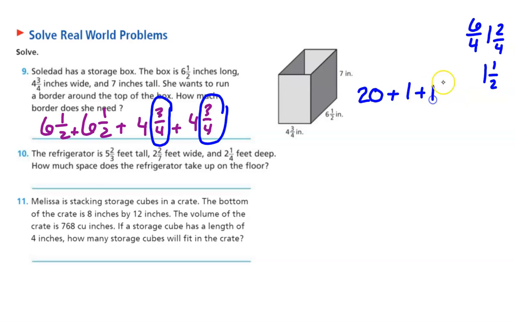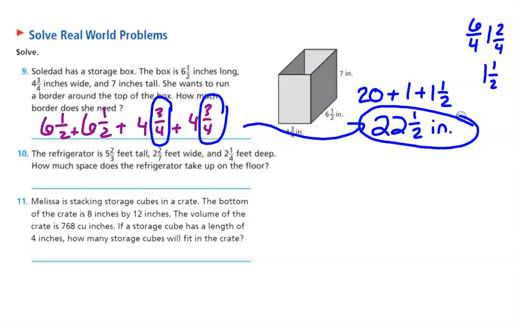So that's the last thing that I'm going to add to this problem. Whew, that's a lot. So basically now I'm going to add 20 plus 1 plus 1, which is 22, and then that half. So my final answer to number 9 is 22.5 inches. Remember, in perimeter, there's nothing square about it. It's just simply 22.5 inches. Make sure you wrote that one down.